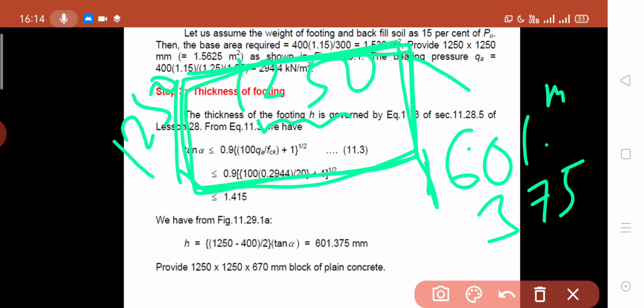These values are in mm. So we provide a 1250 mm by 1250 mm by 670 mm block of plain concrete.